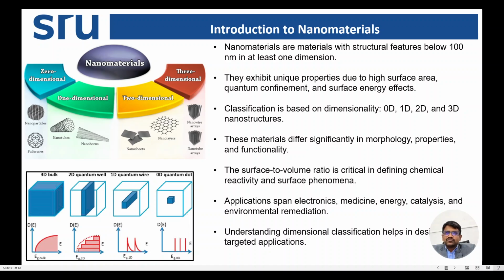Likewise, out of my 15 years of research experience, I have prepared many nanomaterials: metal oxide nanomaterials, metal sulfide nanomaterials, and also nanomaterials of different morphology and dimensionality, and I have tested them for different applications.